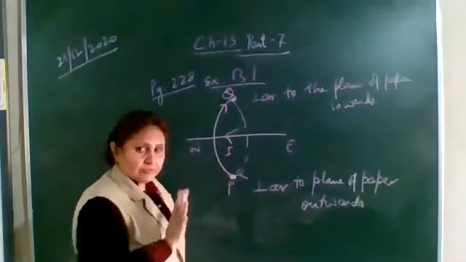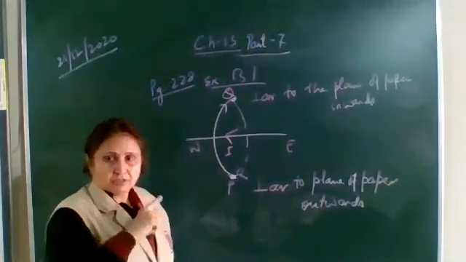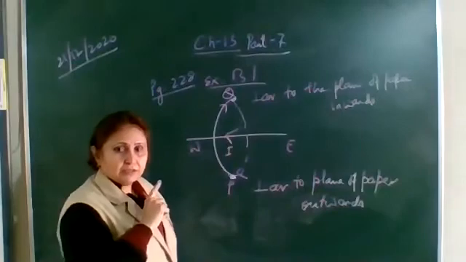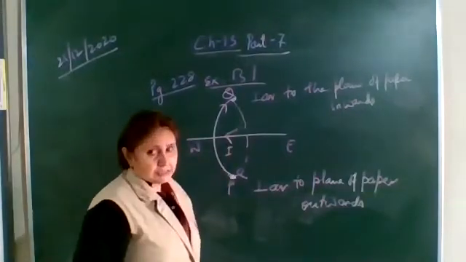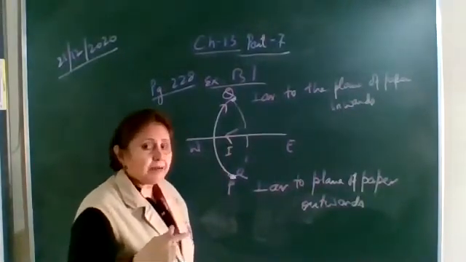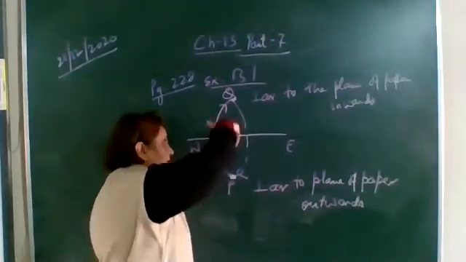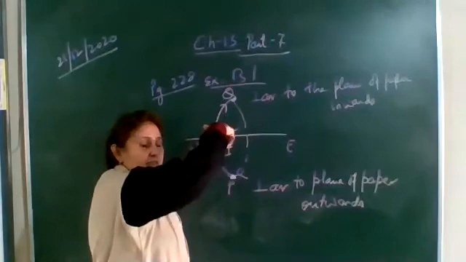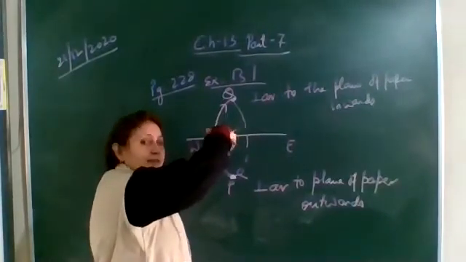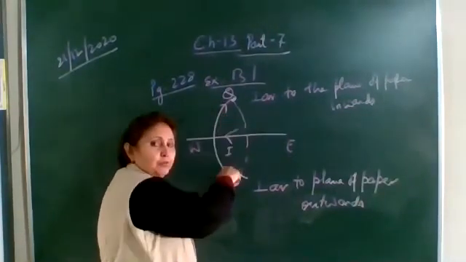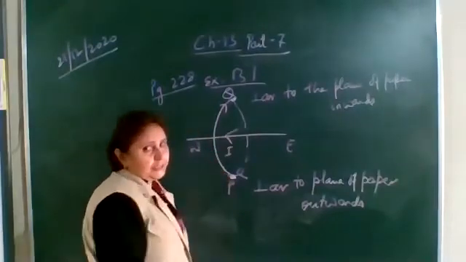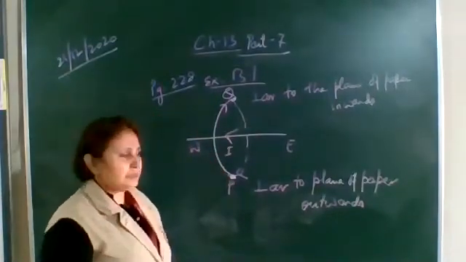Draw the direction of the current for a straight current carrying wire. Then whichever point is asked, first draw the magnetic field line passing through that point. Like here, for this long straight current carrying wire, these are the magnetic field lines. Then at whichever point it is asked, draw the tangent at this point.